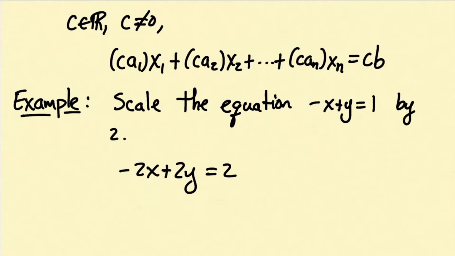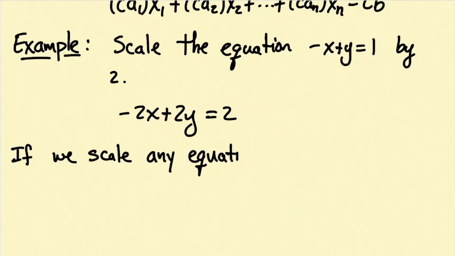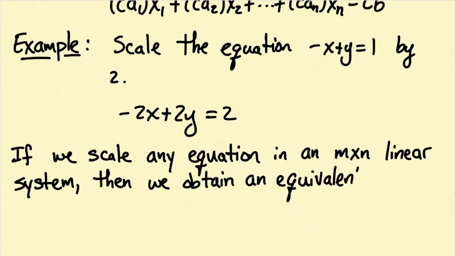We know that this does not change the solutions to our linear equation. So we can take an m by n linear system, scale any equation that we like, and get an equivalent system.